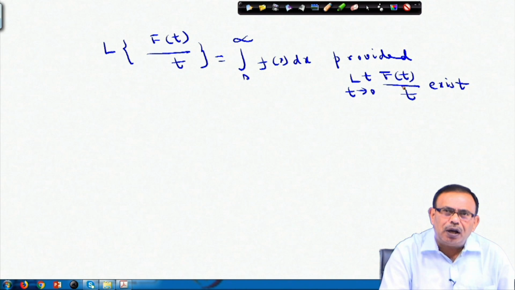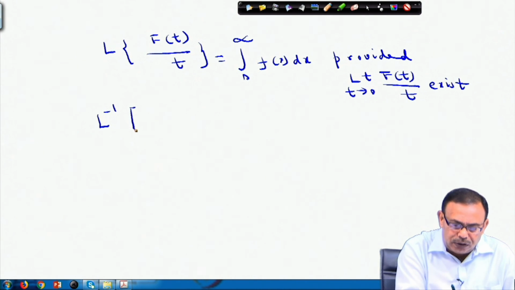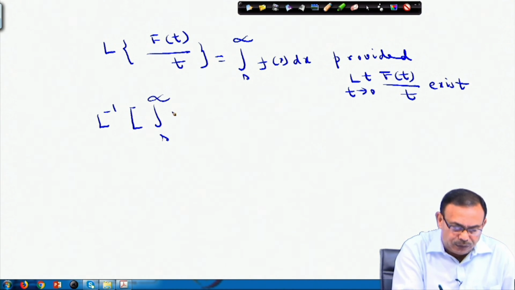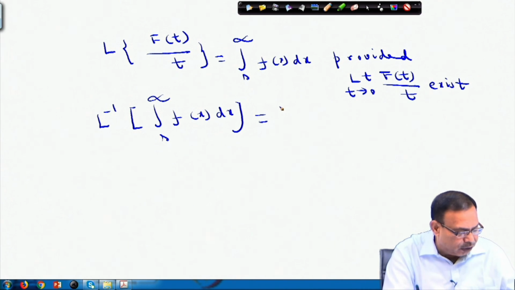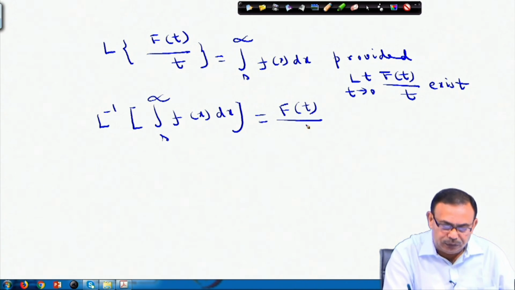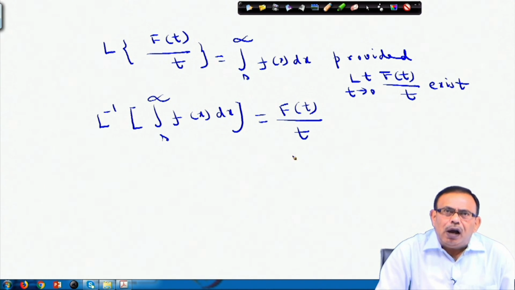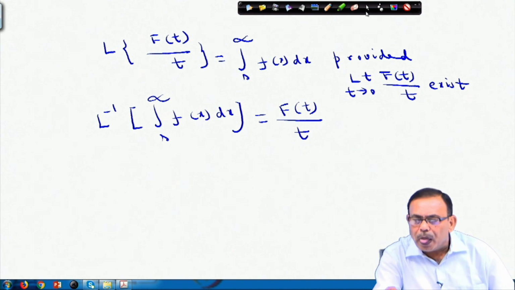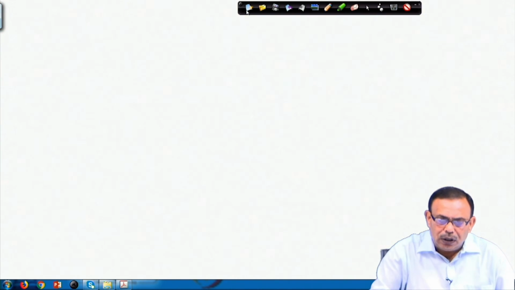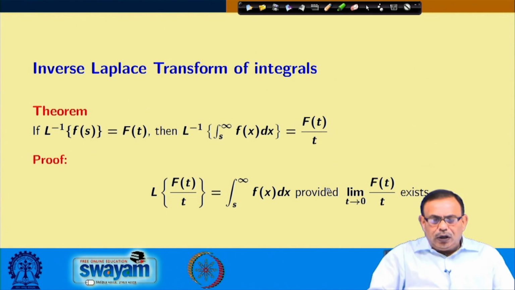This we have seen in the properties of Laplace transform. Therefore, you can write Laplace inverse of the integral from s to infinity of F(x) dx equals f(t)/t. So, I got the required result here.